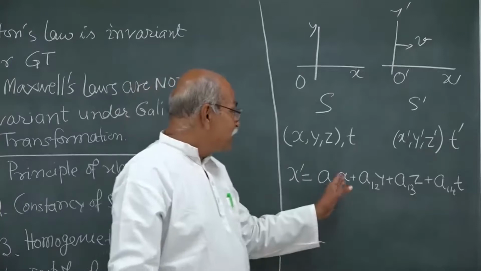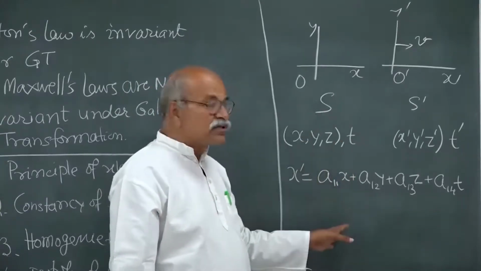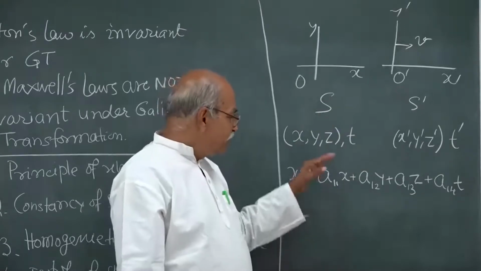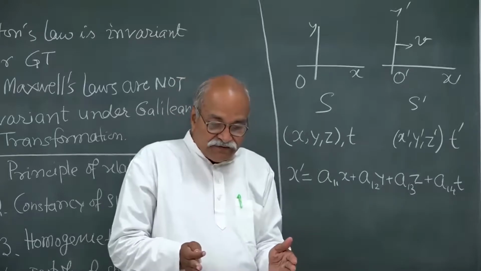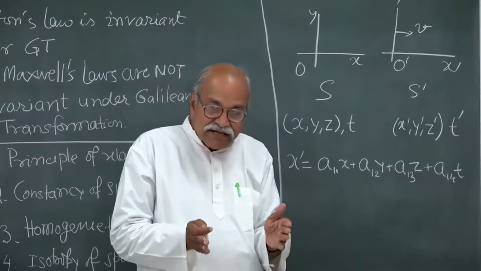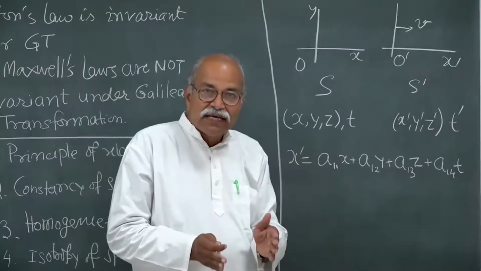If I do an experiment here, if I do an experiment there, it does not matter. So, if I have something else, say x square or x cube, in that case you can very well see that it depends on the value of x1, the value of x2, and like that.